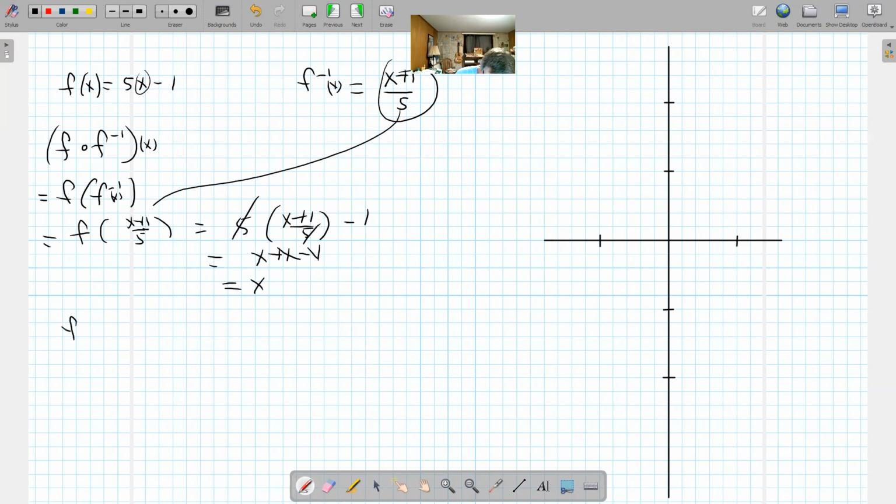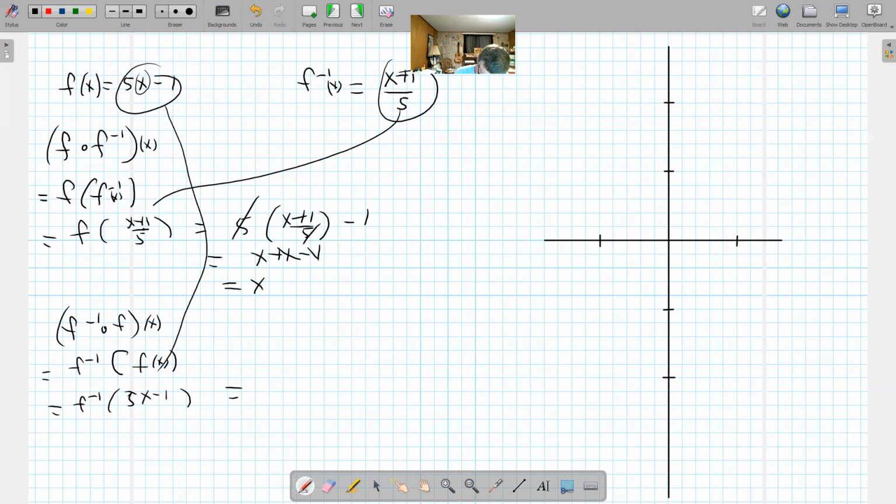Now let's take f inverse composed with f of x. That's f inverse of f of x, which is f inverse of this 5x minus 1. So we're going to put 5x minus 1 in the place of x in that function, giving us 5x minus 1 plus 1 all over 5.